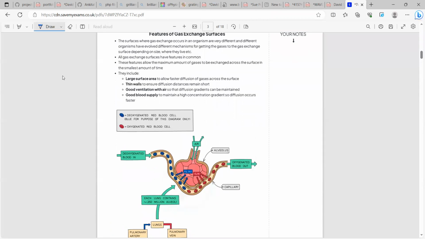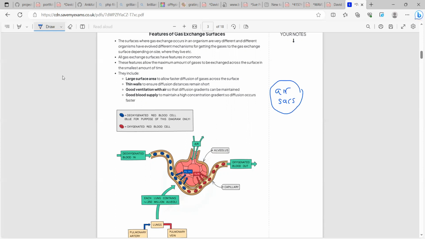All right. So now we have features of gaseous exchange surfaces. You're going to discover that our gaseous exchange in humans will take place in the lungs in what we call the air sacs. Right?